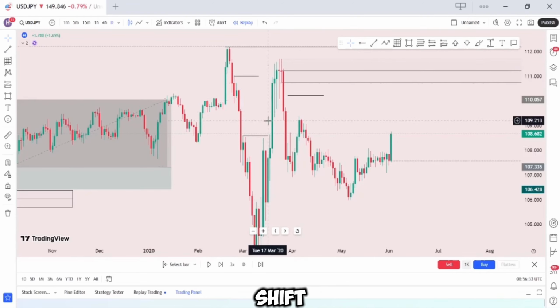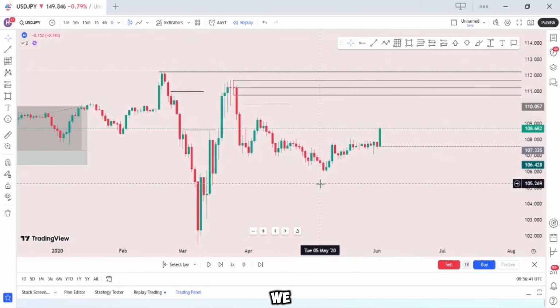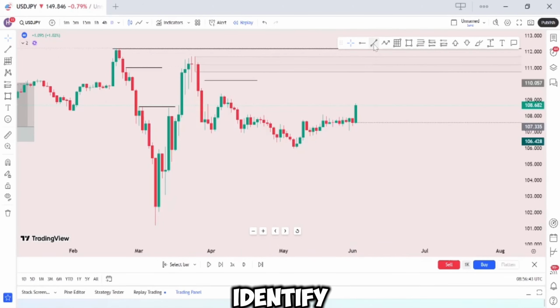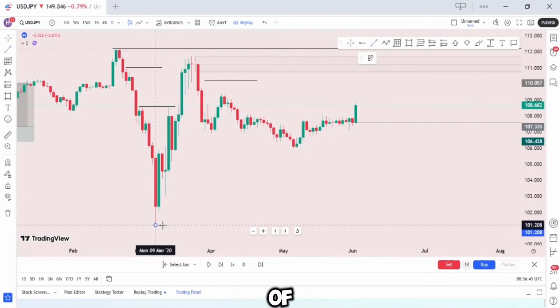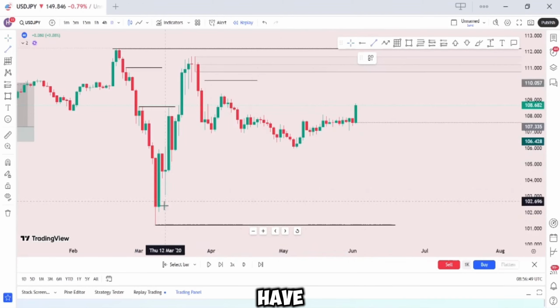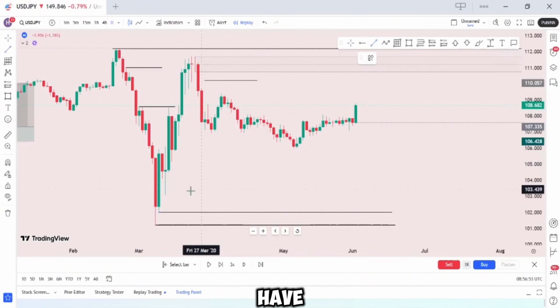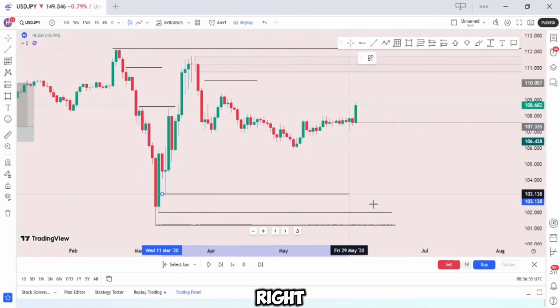We are having a shift because this is the main structure. This is the main shift of the market. So since we are having a bullish structure here, we should be looking at buying. Where are we buying from? So we need to identify the low of the liquidity. The market might come to sweep this low, and we also have another low right here, and another low right here.